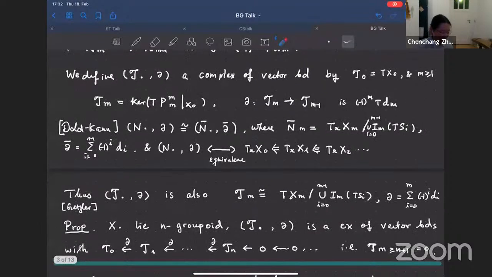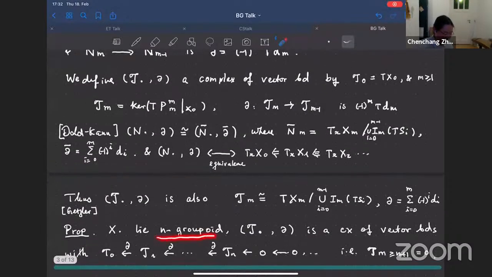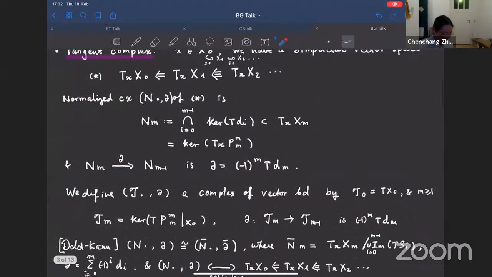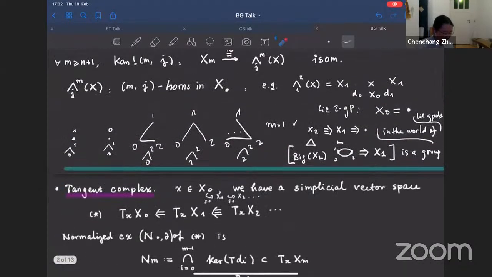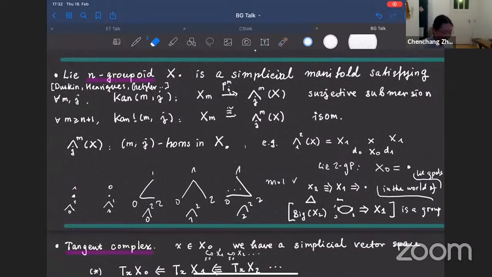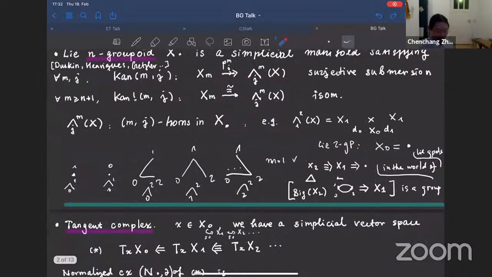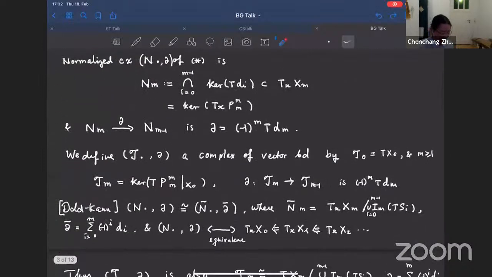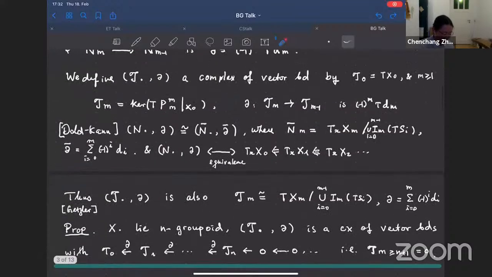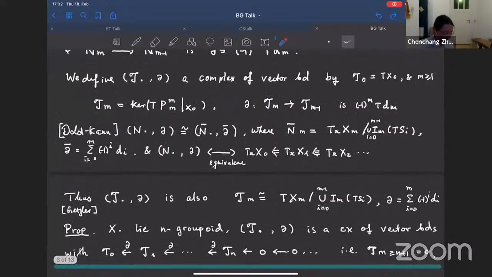And then if you have a Lie n-groupoid, because you see this Horn projection, after a while it becomes an isomorphism. Therefore, this tangent complex will just become trivial after a while.